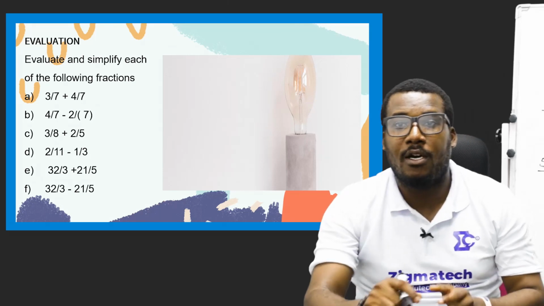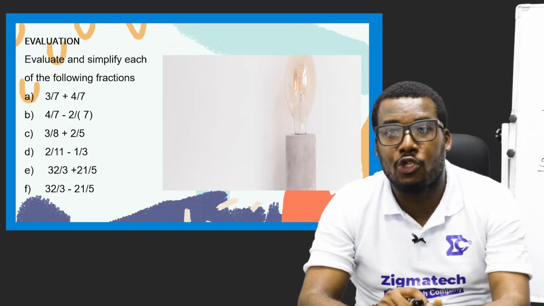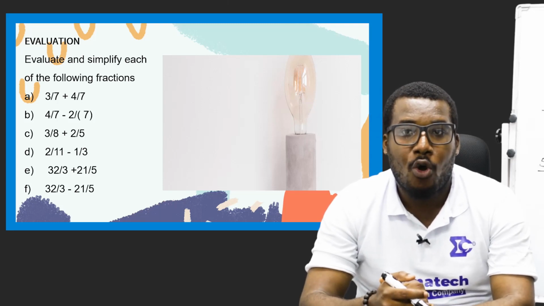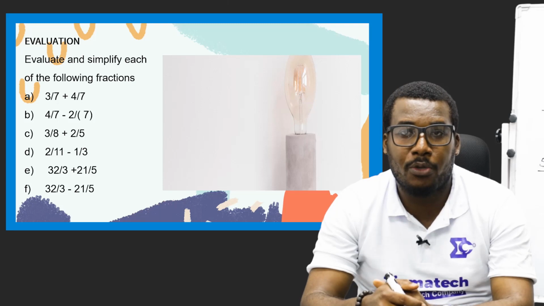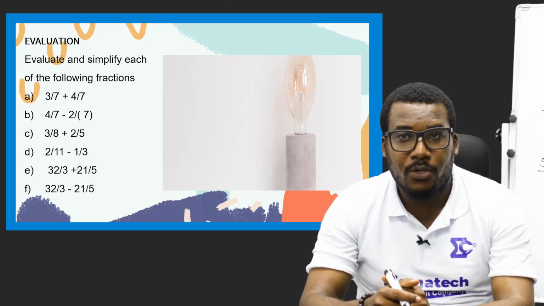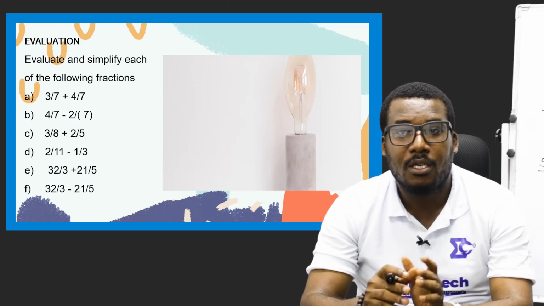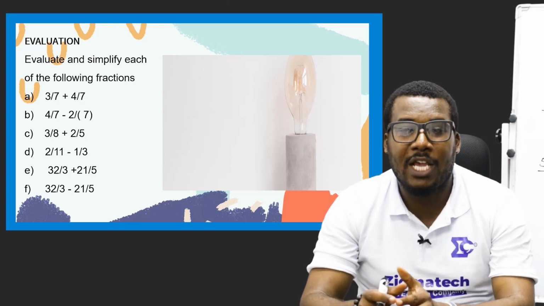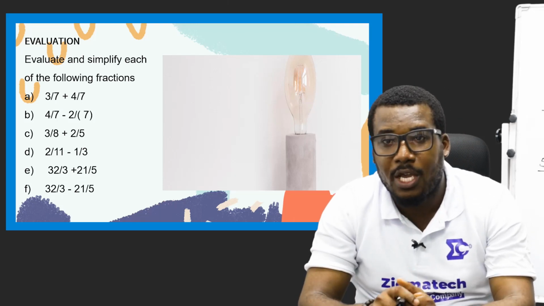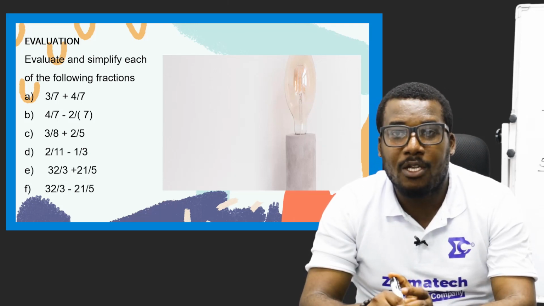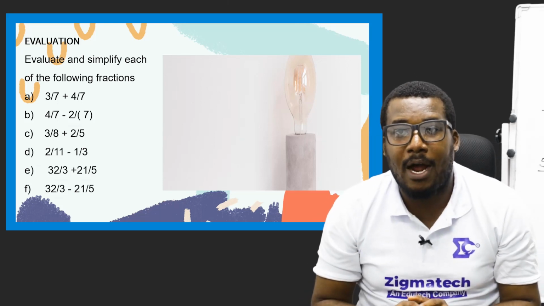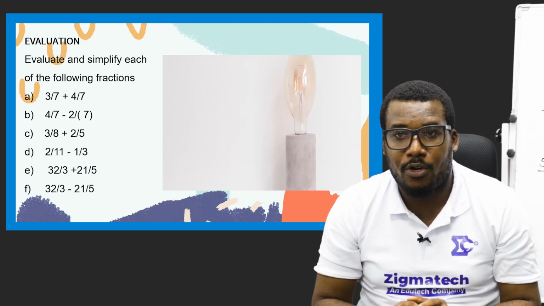Now, if you notice, the first two questions were what was taught earlier when we talked about fractions with the same denominators. So be careful with it. Just play around with it. You can search for more questions and try more questions. Just answer these questions and you will get quite good with addition and subtraction of fractions.